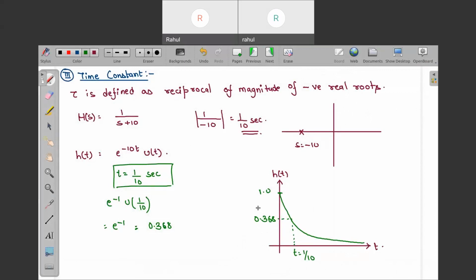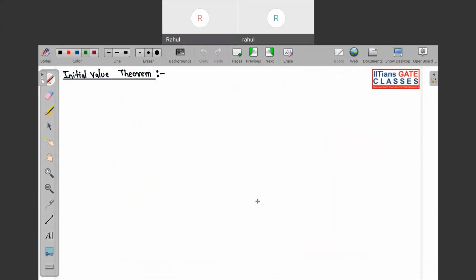Okay, let me ask you, what is the time constant of this system? Here you can see there are basically two poles.